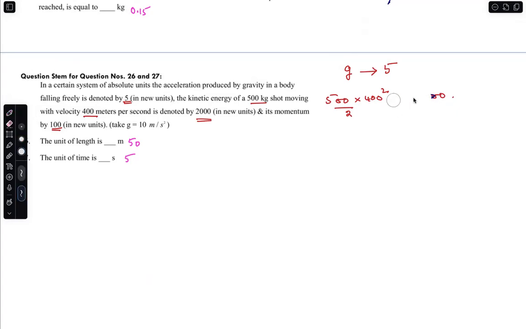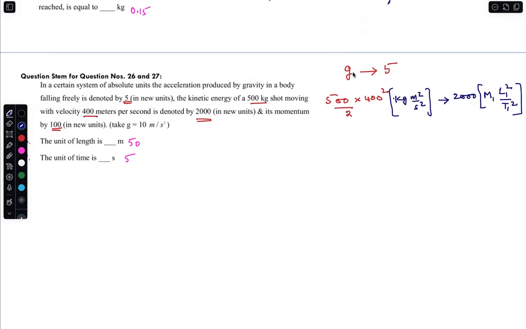This is kg meter square per second square unit, and this is some 2000 in the new units, which means new units of mass M1 L1 square by T1 square.